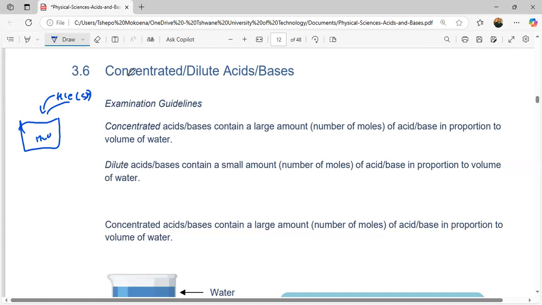When you concentrate or dilute either an acid or a base, we are talking about the volume of water and the substance, which in this case is the acid. If you have more water than acid, then it is diluted. If you have less water than acid, it is concentrated.